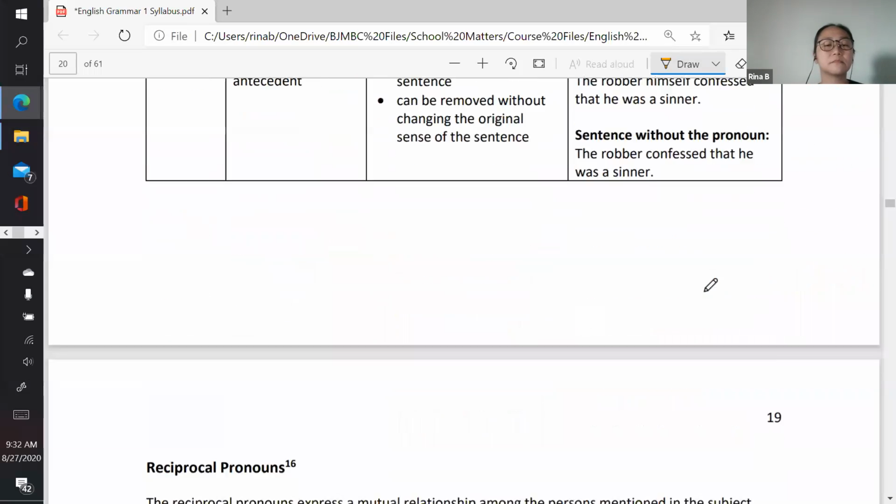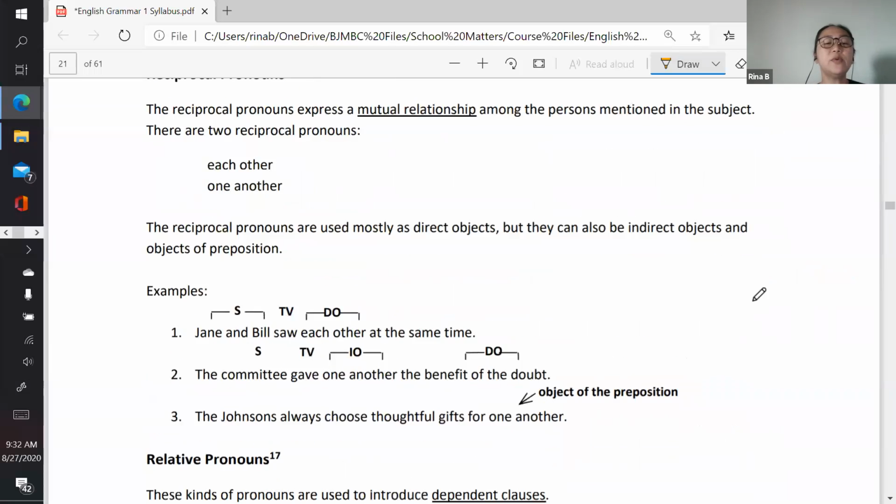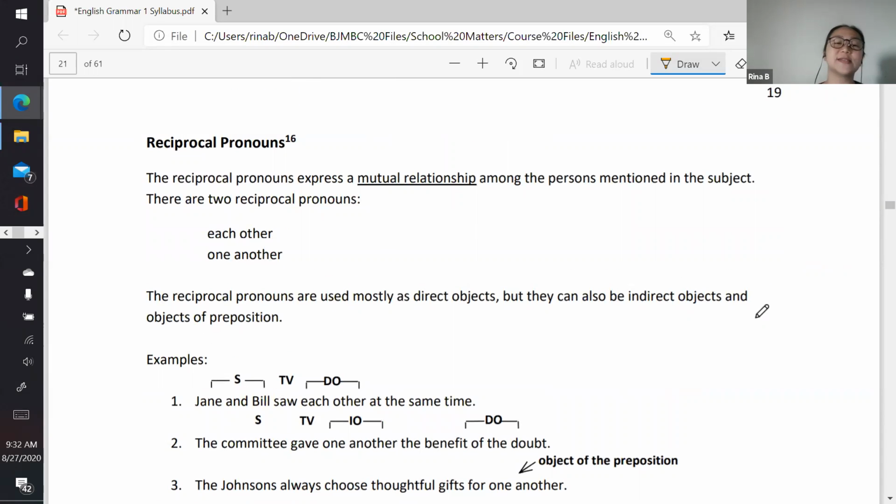Okay. And then we also have reciprocal pronouns. Each other, one another. Yeah. So together, the phrases each other, one another are considered reciprocal pronouns because, as stated in your syllabus, these pronouns express mutual relationship. Okay, so Jane and Bill saw each other.